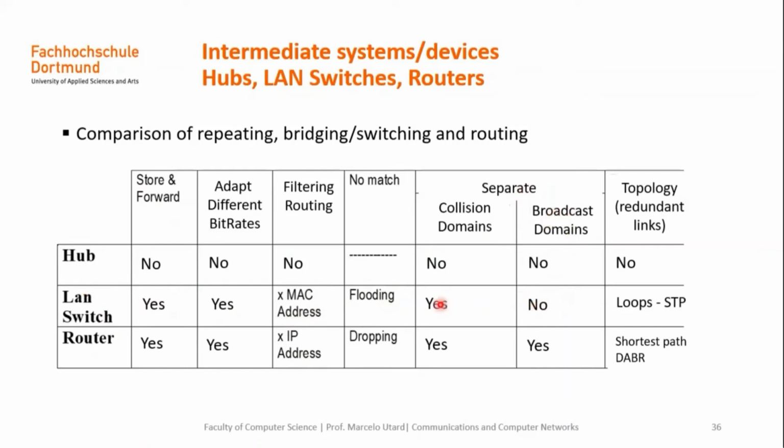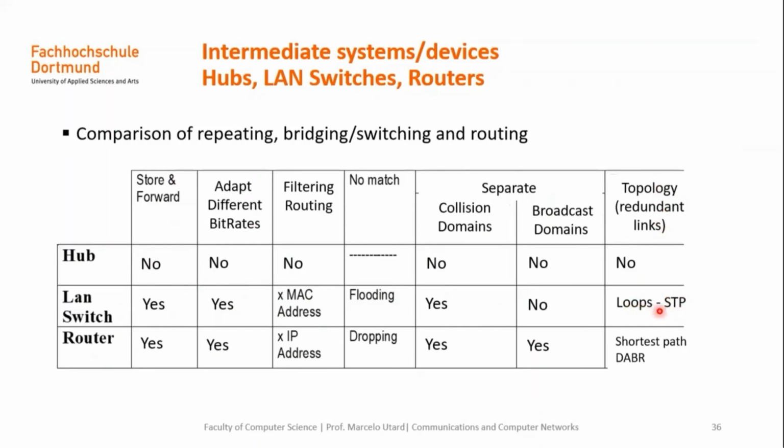And because of this particular behavior of flooding, in the LAN switches, when we use redundant topology with redundant links, some loops could happen, and in that case, we need to use a particular protocol called spanning tree protocol in order to avoid the loops, blocking some ports.